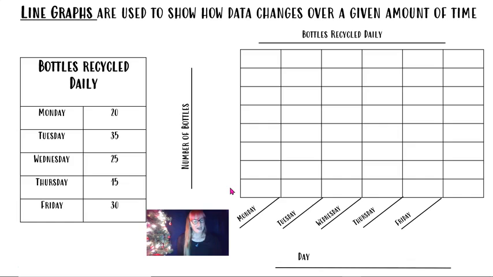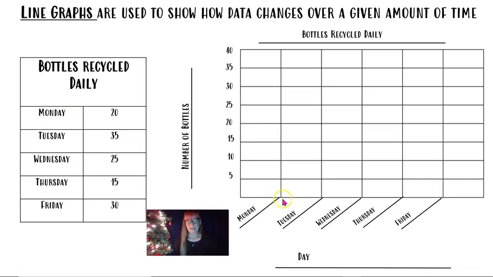This time, I'm not going to be able to use intervals of 1 because I can see that these numbers are a little bit higher. This time, I'm going to use intervals of 5 in order to graph my data. With line graphs, I am going to look at my data, and instead of making a bar, I am going to put a dot next to that data spot.